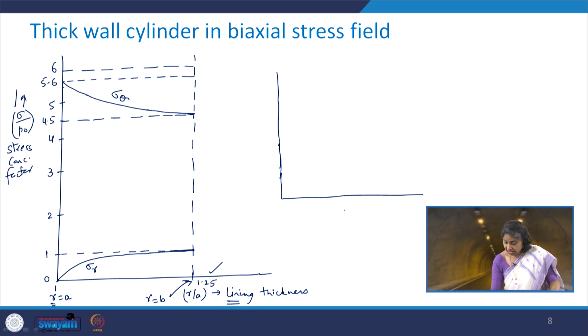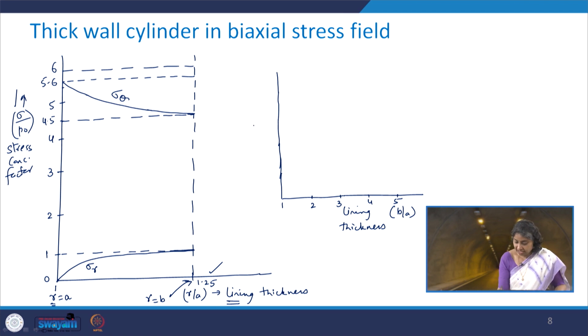So, here we have the lining thickness in terms of B by A. So, I have here 1, then 2, 3, 4, maybe this is 5. And then on this axis I have sigma theta upon P naught, maybe 1, 2, 3, 4, 5, 6 and 7 and so on. Okay.